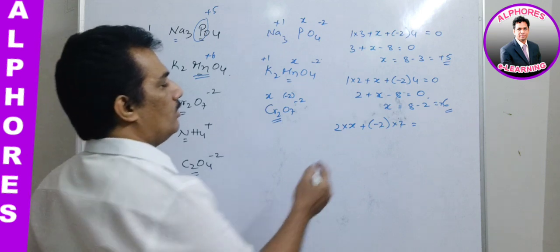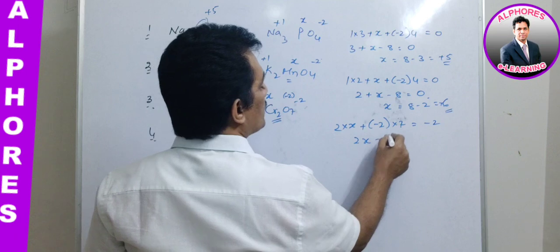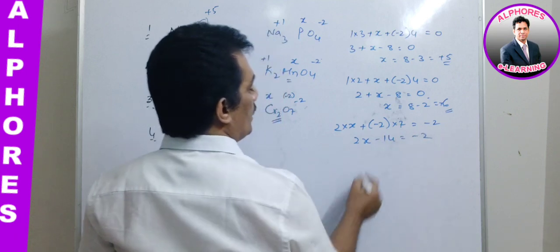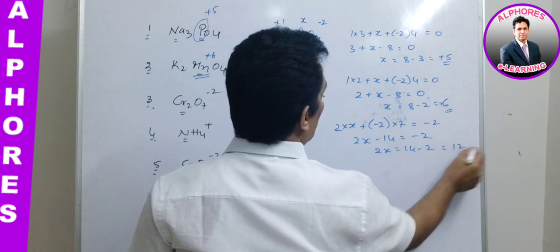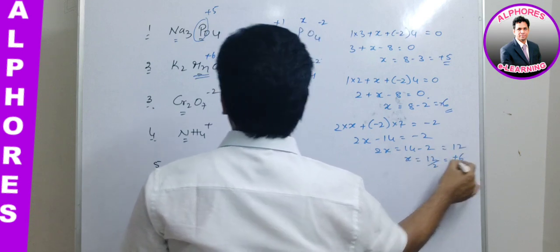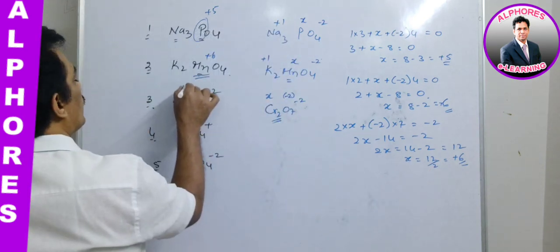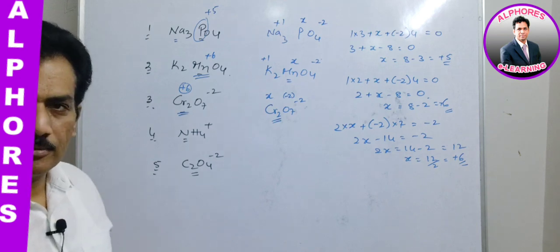It is equal to -2, and hence 2X minus 14 is equal to -2, or 2X is equal to 14 minus 2, that is 12, and X is equal to 12 by 2, that is +6. So in this case each chromium has a +6 oxidation state.